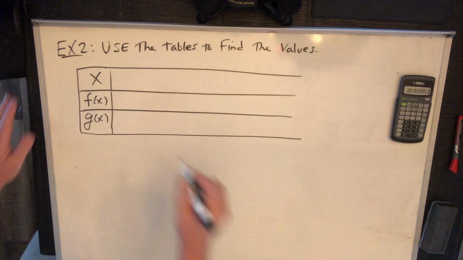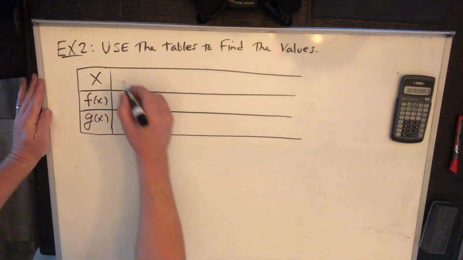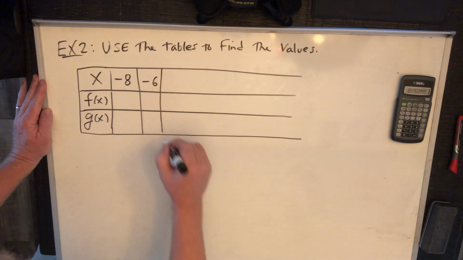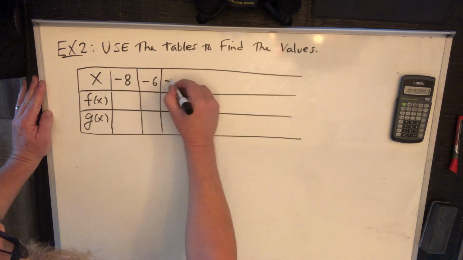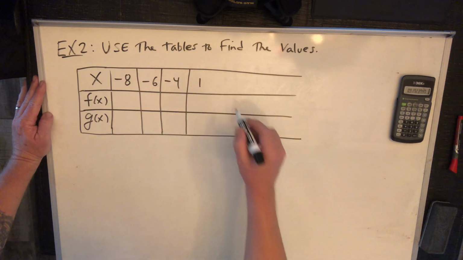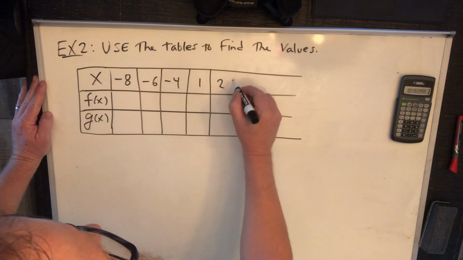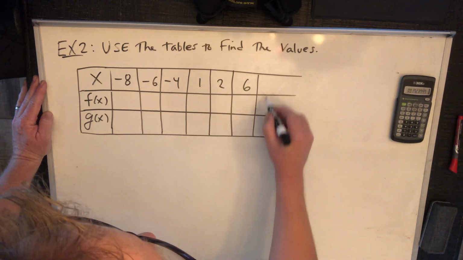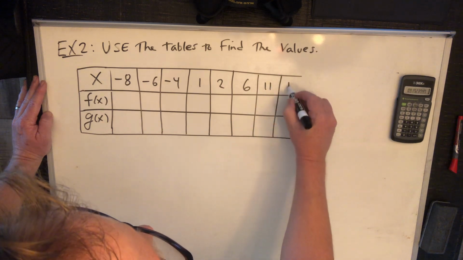So my values for x are -8, -6, -4, 1, 2, 6, 11, and 14.